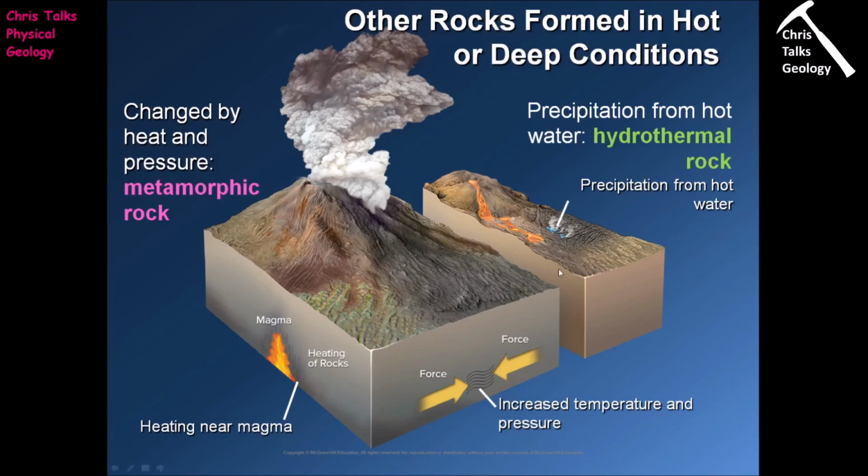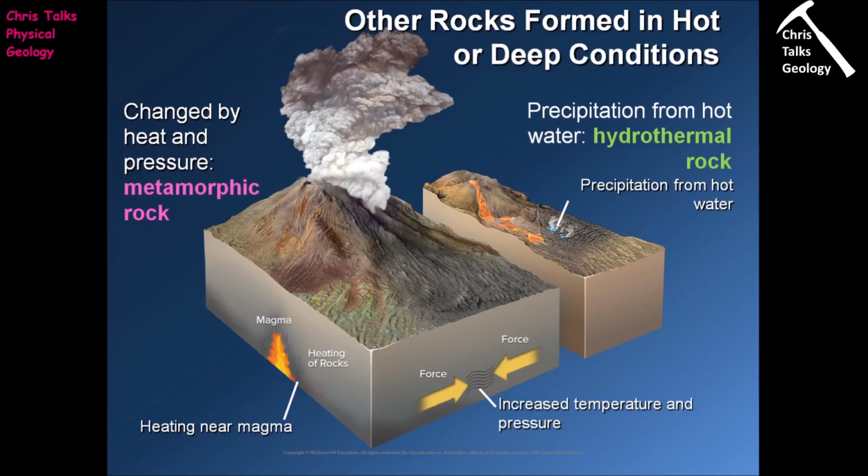Now, as your water circulates around, remember, underground it's nice and hot. When the water exits onto the surface of the Earth, or when it at least approaches the surface of the Earth, the temperature starts to drop very, very quickly. And so as the temperature starts to drop, that means the ability of the water to transport the stuff that's dissolved in it decreases. So when the water's hot, it can dissolve loads and loads of stuff.